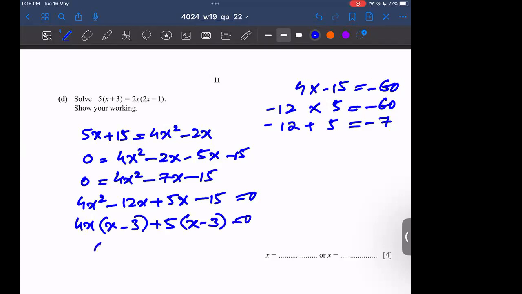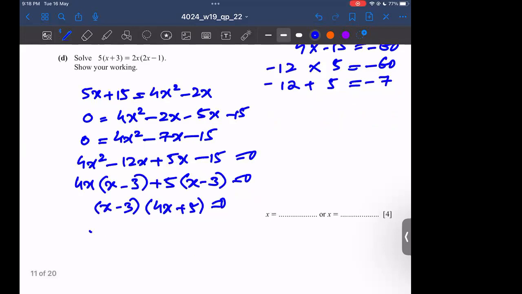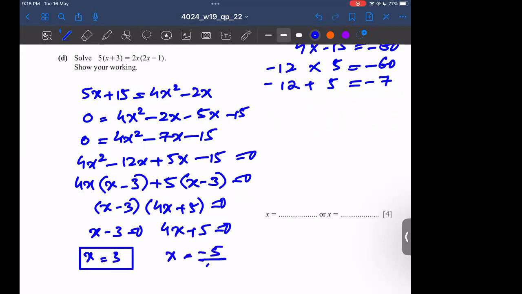So you got x minus 3 common, you got 4x plus 5. Either x minus 3 equal to 0, or 4x plus 5 is equal to 0. You got the x value 3, you got x value minus 5 by 4.